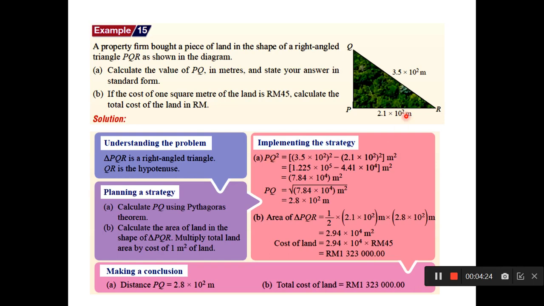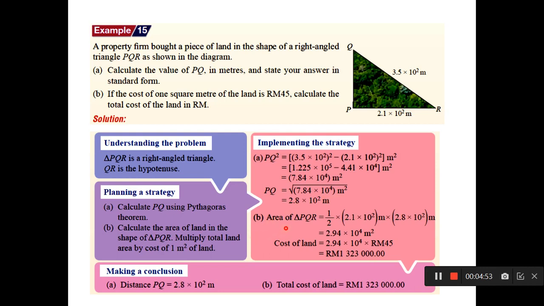PQ square equals hypotenuse square minus this side square, which equals 7.84 times 10 to the power 4. In order to calculate PQ, we have to square root this answer. So the value of PQ is 2.8 times 10 to the power of 2 meter.